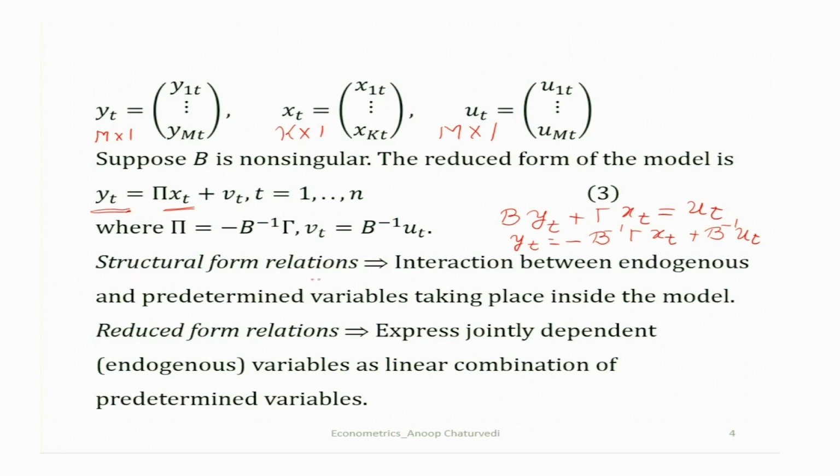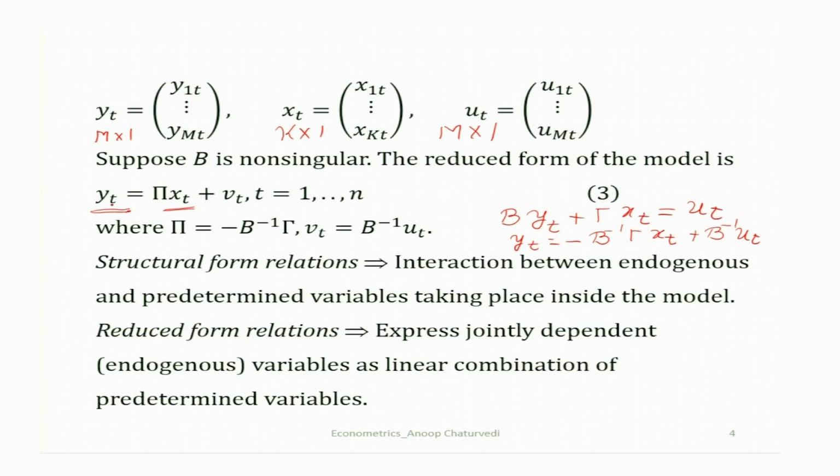So, structural form relations are the interaction between endogenous and predetermined variables taking place inside the model. Reduced form relations express the jointly dependent endogenous variables as linear combinations of predetermined variables.